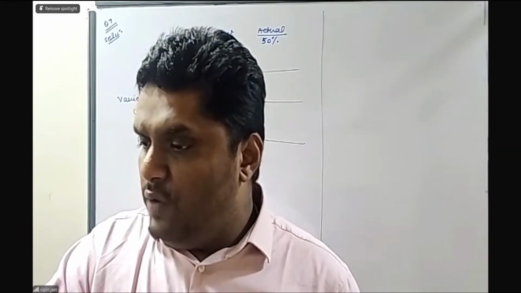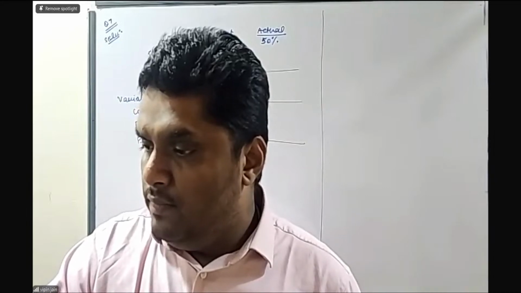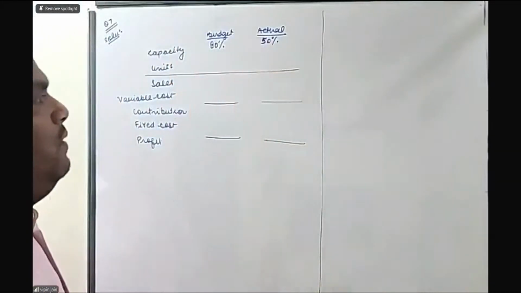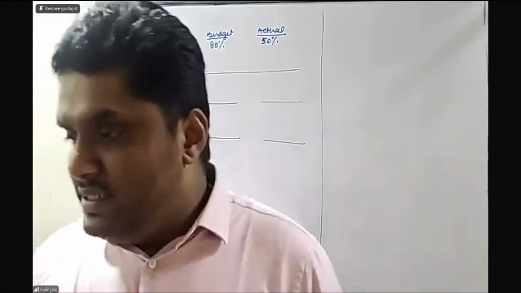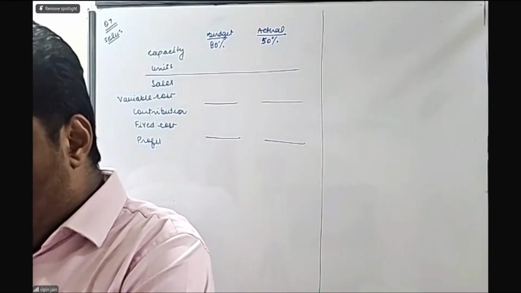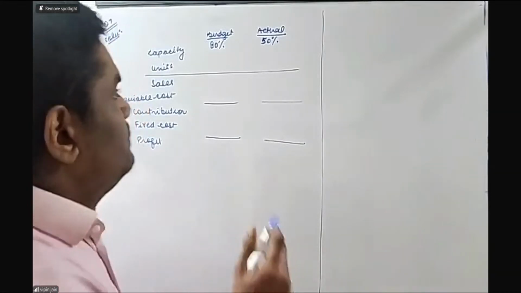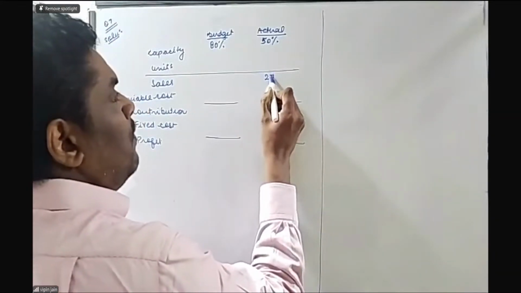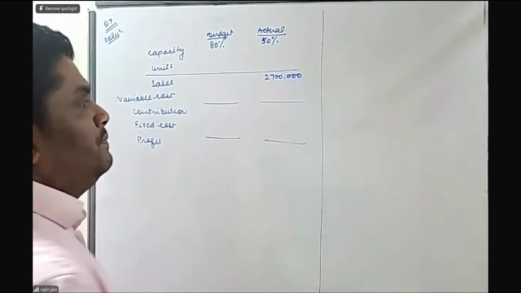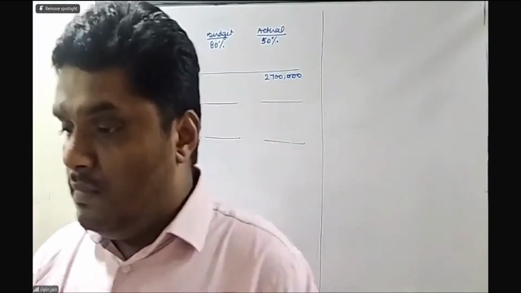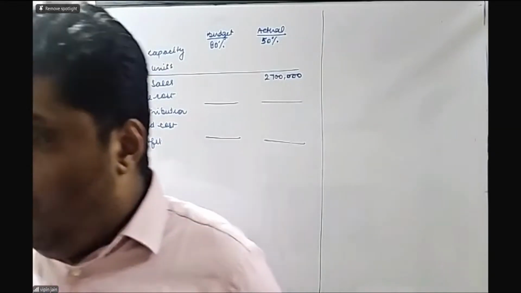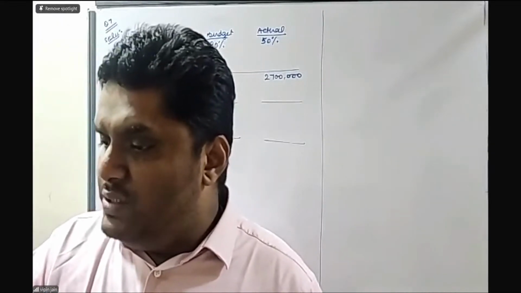So I've got an answer from Pallavi Jha. You guys can also post the number of units. Actual sales, anyways, is given. Only post budgeted sales and actual sales right now.